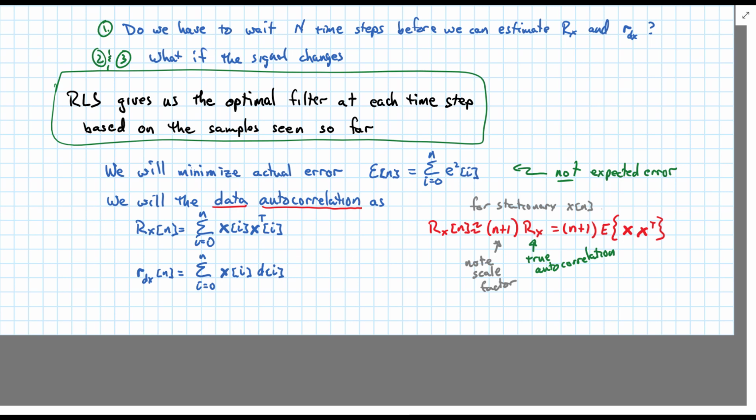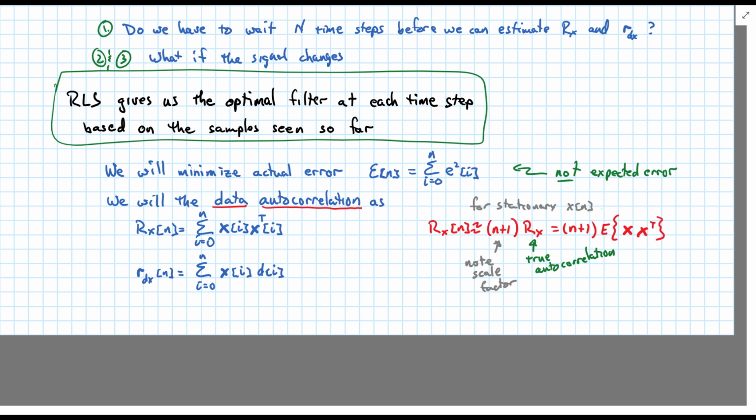So for example, with these two values for the data autocorrelation you see over here on the left, if we use those to solve for w, we would have Rx inverse times Rdx, and the normalizing factor of n plus 1 would disappear. It would divide out.